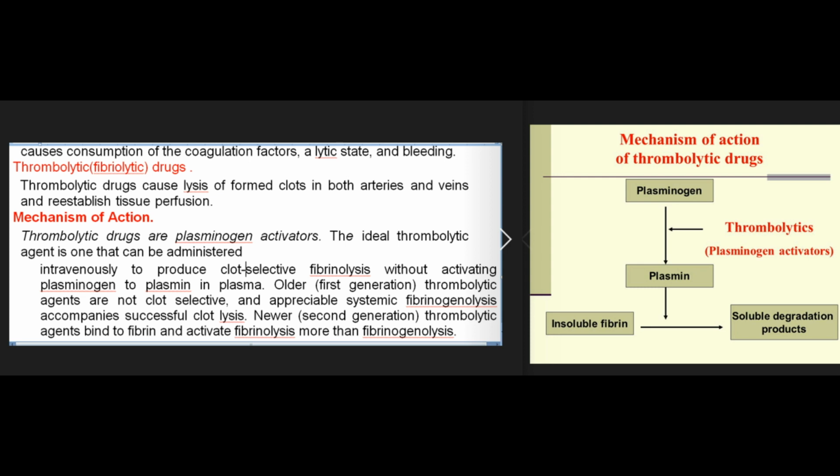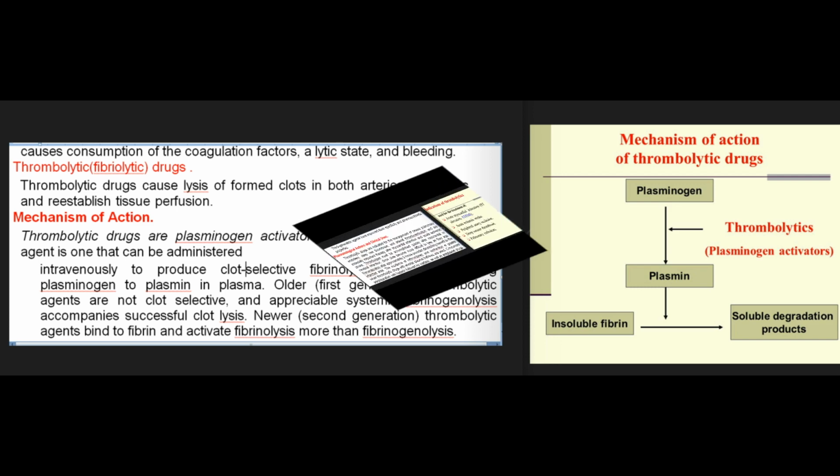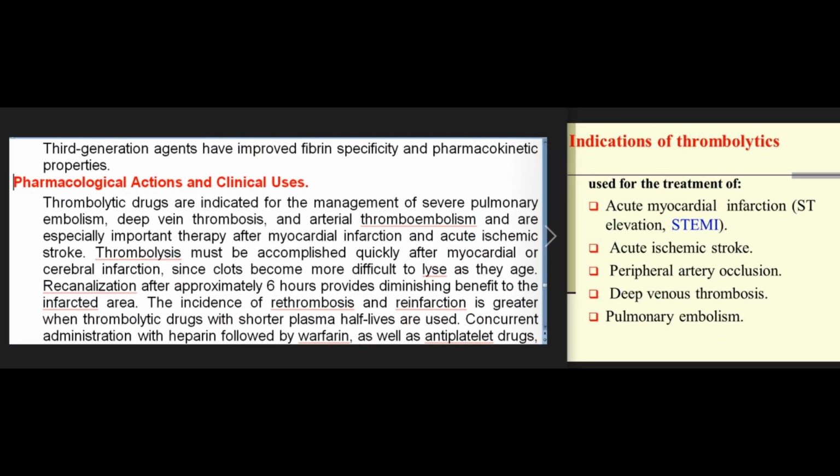Older, first-generation, thrombolytic agents are not clot-selective, and appreciable systemic fibrinogenolysis accompanies successful clot lysis. Newer, second-generation, thrombolytic agents bind to fibrin and activate fibrinolysis more than fibrinogenolysis. Third-generation agents have improved fibrin specificity and pharmacokinetic properties.